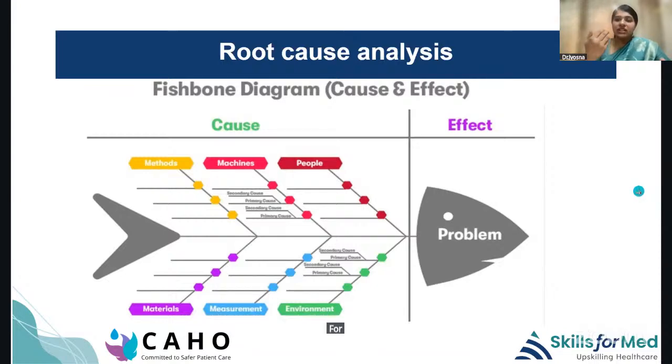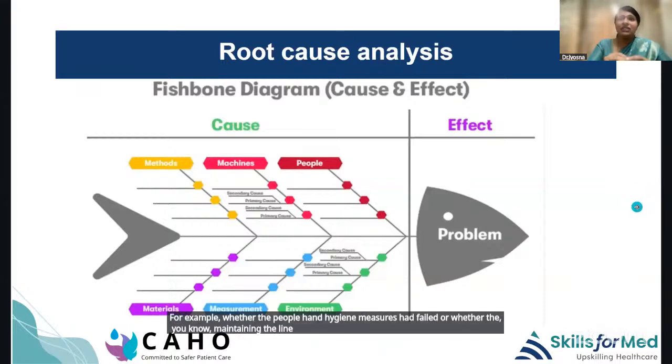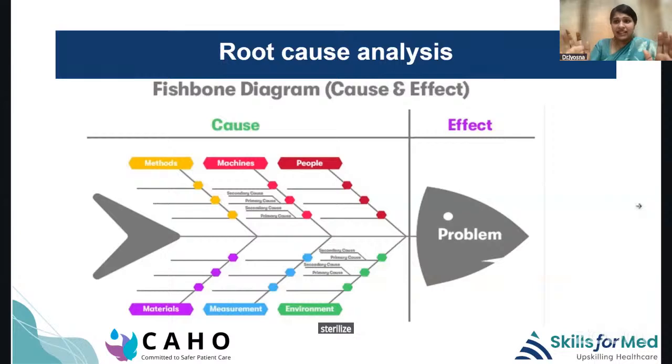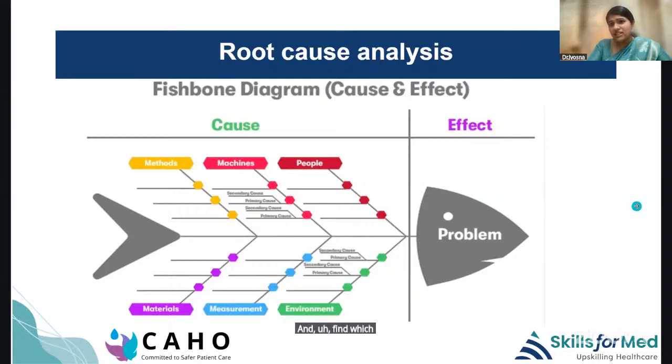For example, whether hand hygiene measures had failed, or whether maintaining the line and equipment had failed, cleaning and disinfection had failed, or proper procurement of PPEs was not done for that particular department, or your CSSD did not sterilize your central line tray properly. Depending upon your effect, you can jot down your causes, and you can also bifurcate them further and find which reason actually led to this particular infection.